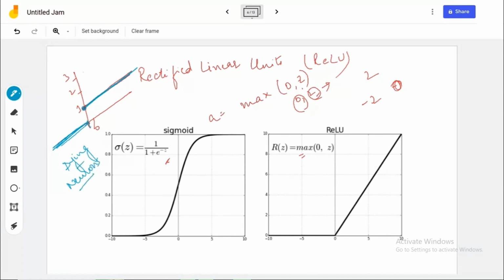For all values that are greater than 0, anytime you have the summation value z greater than 0, you always get a derivative of 1. But suppose you have z less than 0.